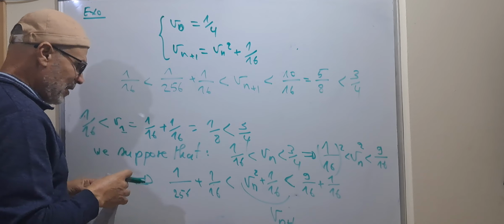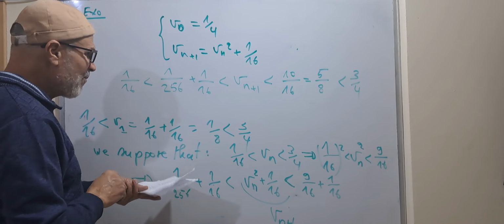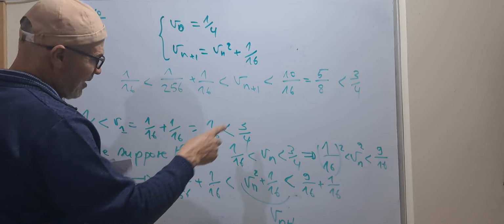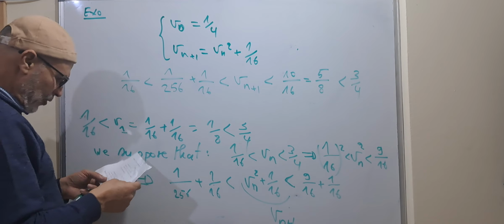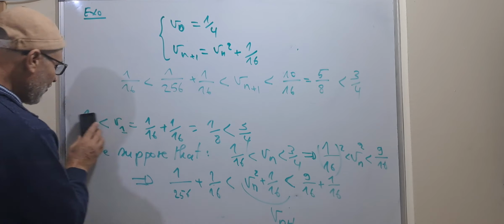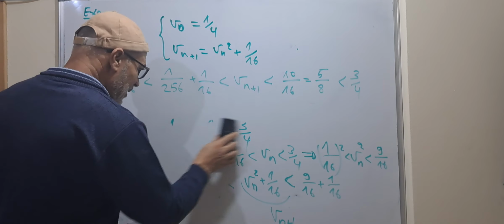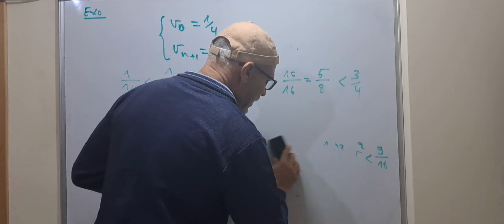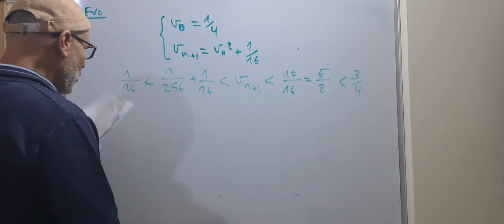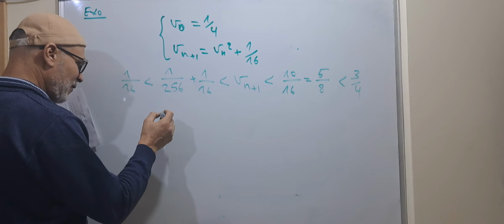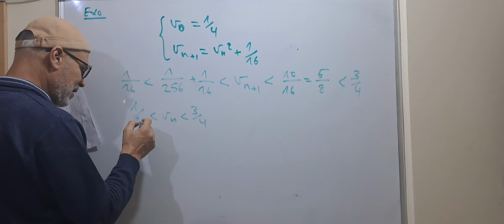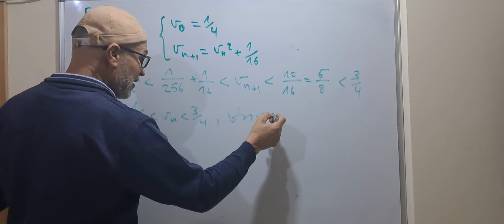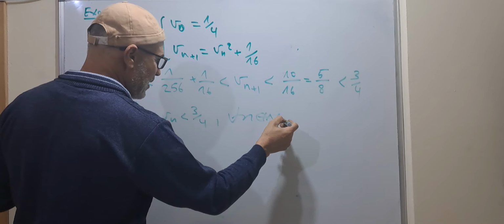So we want to verify that this double inequality, still double inequality, it is true. So we can say, as a conclusion, that Vn is less than 3 over 4 and greater than 1 over 16 for all n in N0.